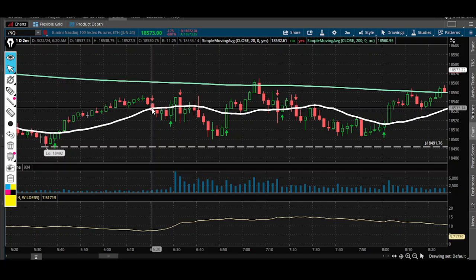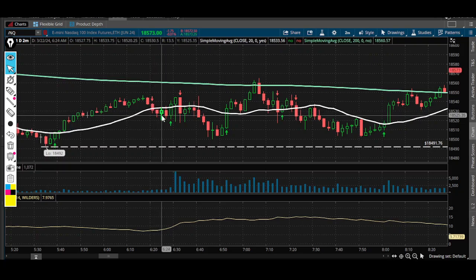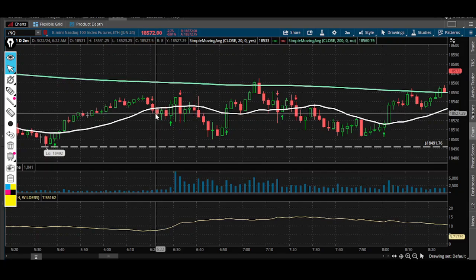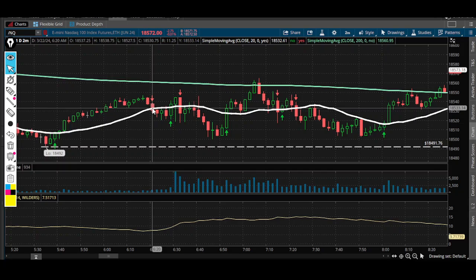Now, in this particular case here, the low price that we were looking to get into on this particular candle was 18,527. In a matter of 4 minutes, because we're looking at a 2-minute time frame, we trade as low as 18,520 from an entry price of 18,527.5.